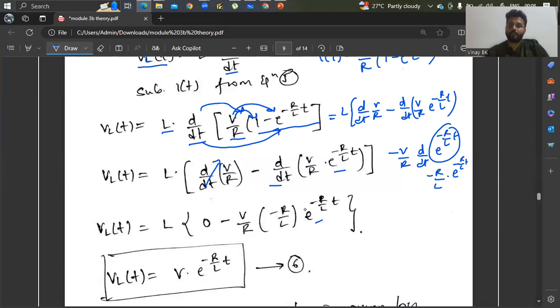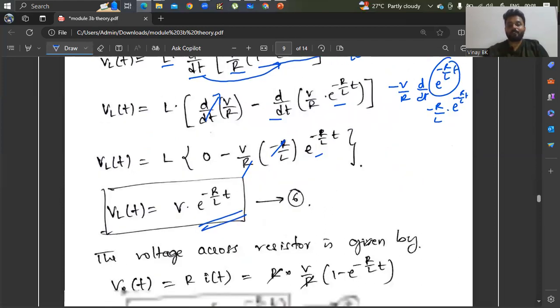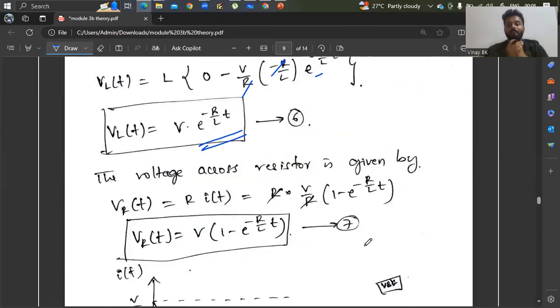R and R get cancelled, minus into minus becomes plus, and you get the voltage across the inductor as V into e to the power minus R by L into t. Now you can substitute the time constant if you want, then we'll get the values.